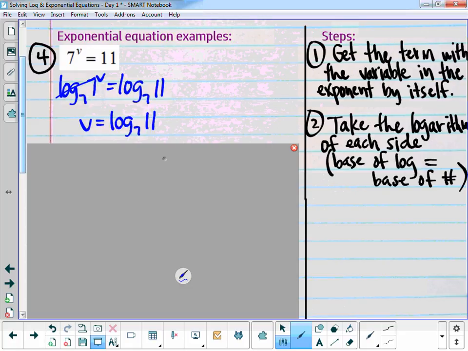And then we just have to plug that into our calculators. If you hit Control and then 10 to the x, that is the logarithm button. So Control 10 to the x, plug that in, and let's round to the thousandth place, which is 3 places.